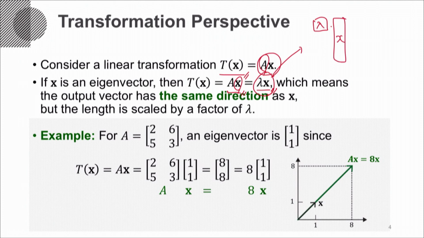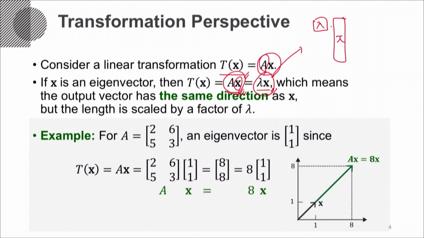In general, A times x will change both the direction and the length of the input vector. But in the case of an eigenvector as our input, even after this transformation, the vector direction will still be the same, and only the length will change.